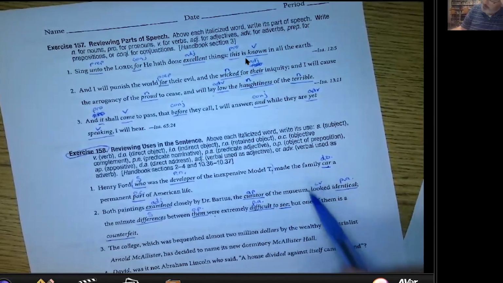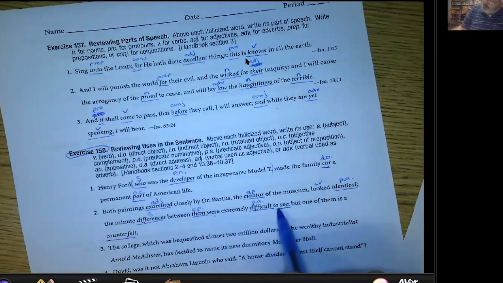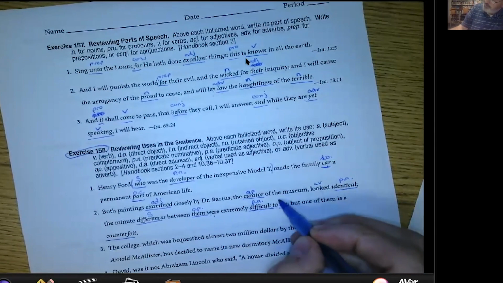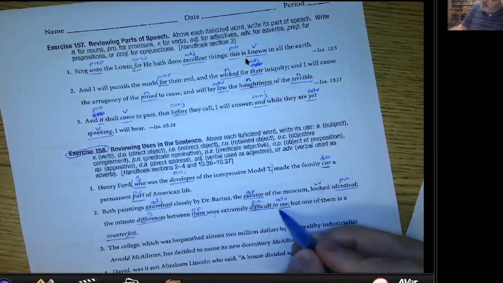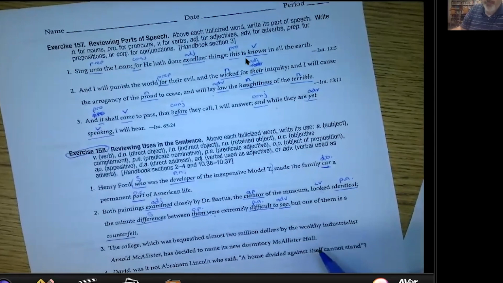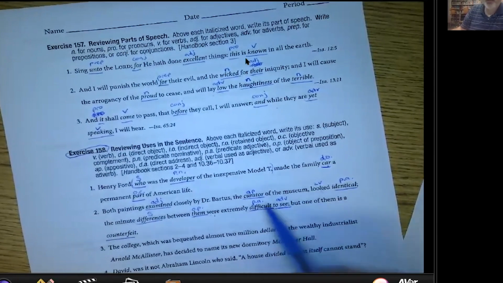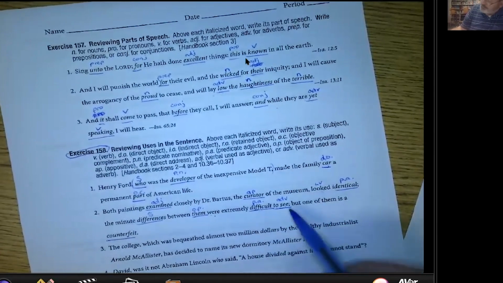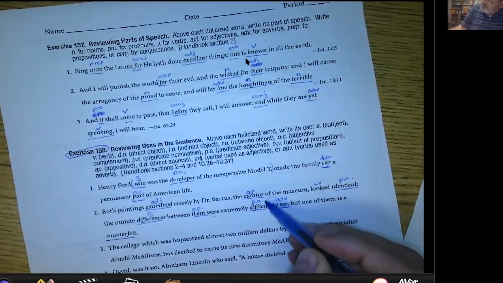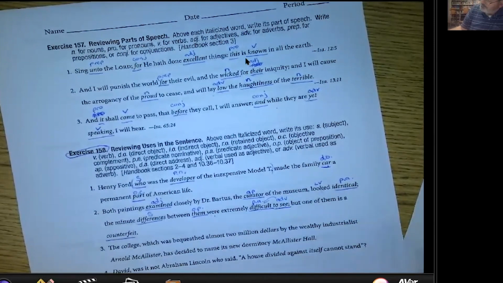In this case, we see that it's describing difficult. Difficult is a predicate adjective, so it must be an adverb, because adjectives can't describe other adjectives. Only adverbs can describe adjectives. So that's why to see is an adverb describing difficult.